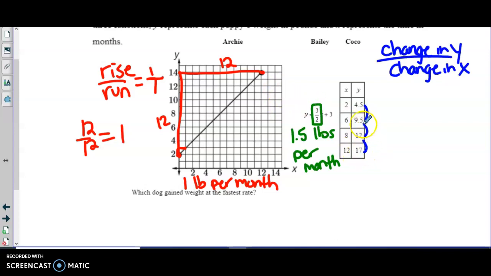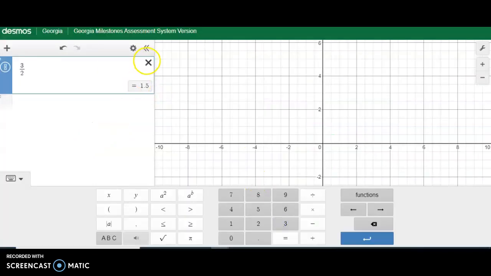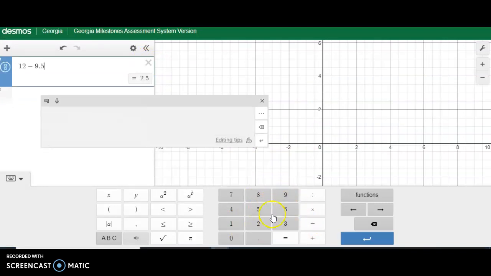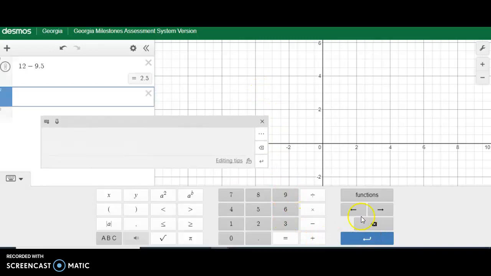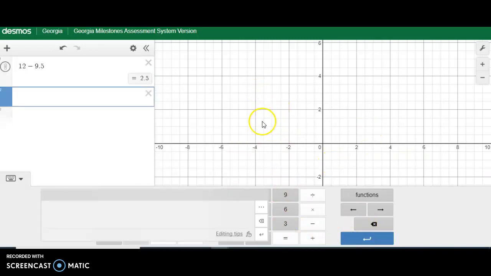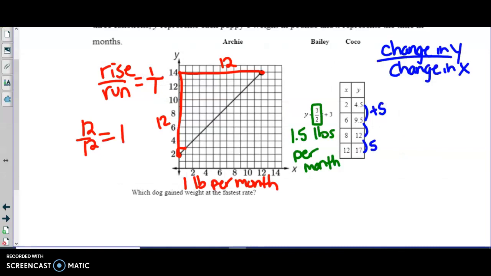So 17 minus 12 is 5. This is interesting. So 4.5 to 9.5, you're adding 5. From 9.5 to 12, let's see, we have 12 minus 9.5. What is happening here? That only goes 2.5.